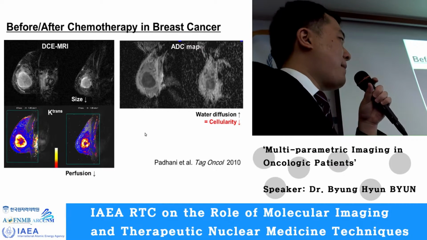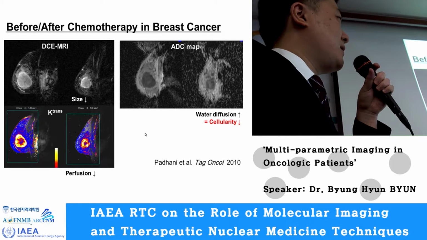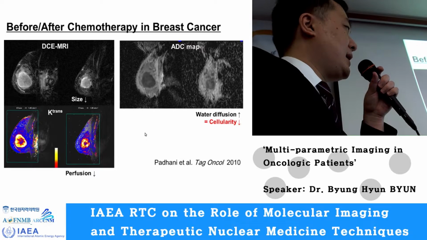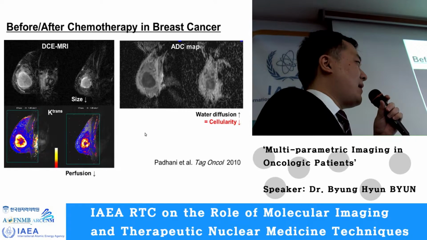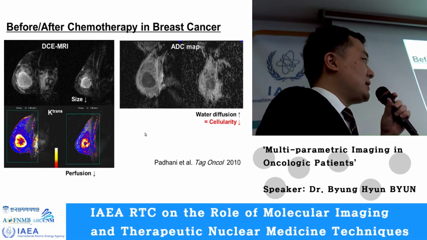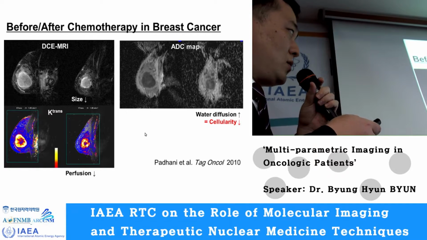And on ADC map, the signal showed an increase after chemotherapy. It means that water diffusion is increased, and in contrast, cellularity has decreased because of the chemotherapy.